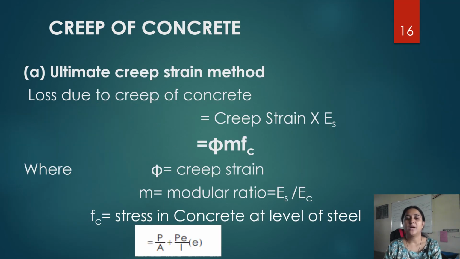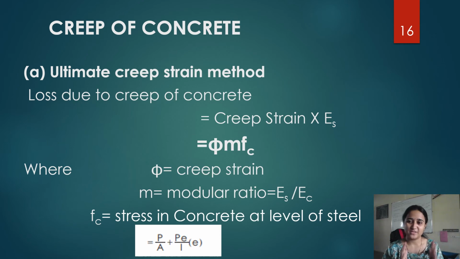So loss of creep by the ultimate creep strain method is phi M FC. Okay, just remember these formulas thoroughly, and it will be helpful for solving numericals. And also if you are going to attend MPSC, UPSC, there is some portion kept for pre-stress, and in pre-stress there are always losses.